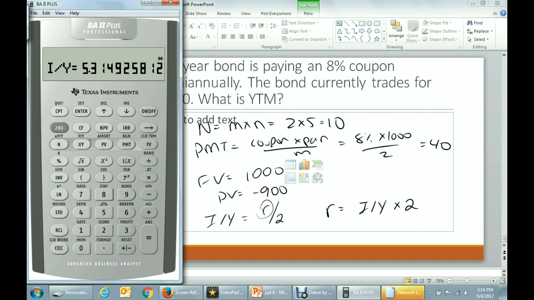That's 5.31%. We know that this bond is trading at a discount. So just looking at this, we know that we need to multiply by 2 because the current market rate should be higher than the coupon rate. So let's multiply this by 2 and we get 10.63%.